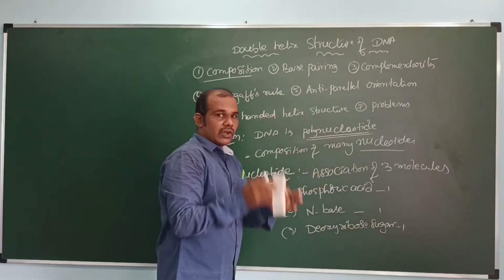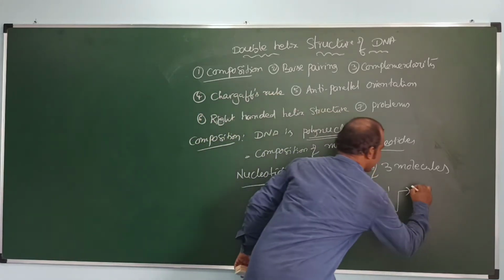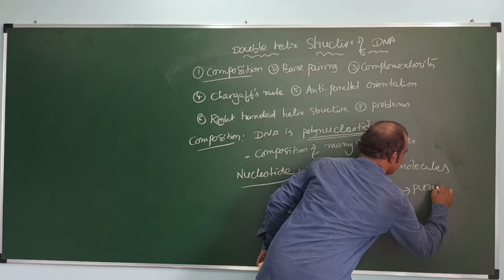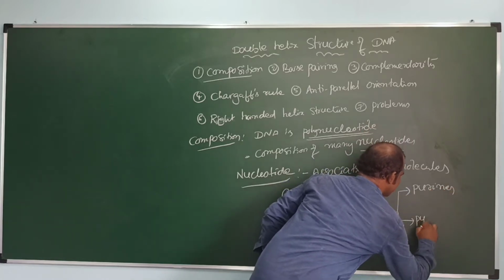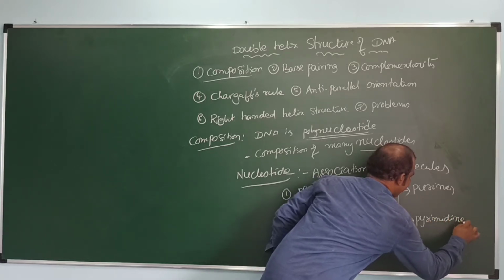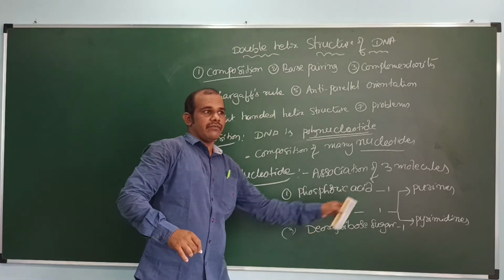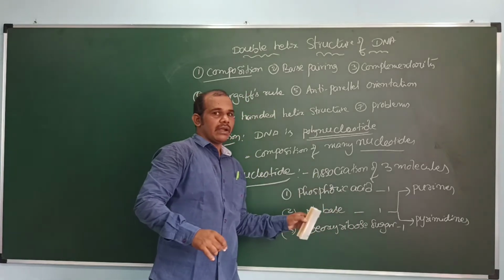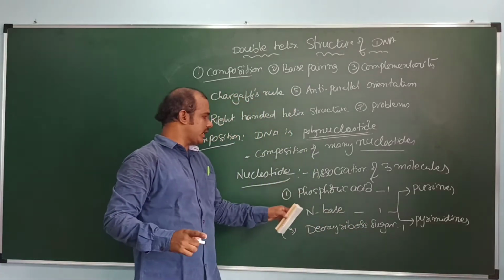Whereas nitrogen bases are of two types, those are purines and pyrimidines. Nitrogen bases are of two types, but there is only one nitrogen base present in the nucleotide.